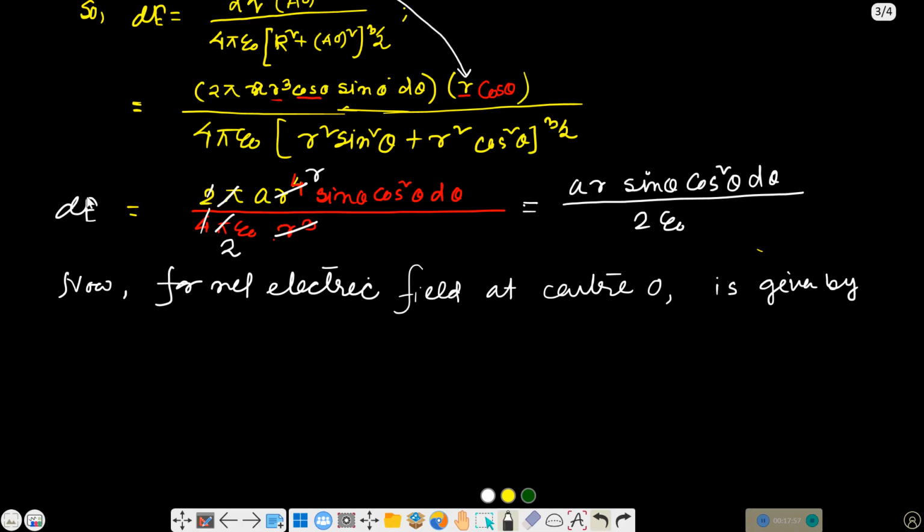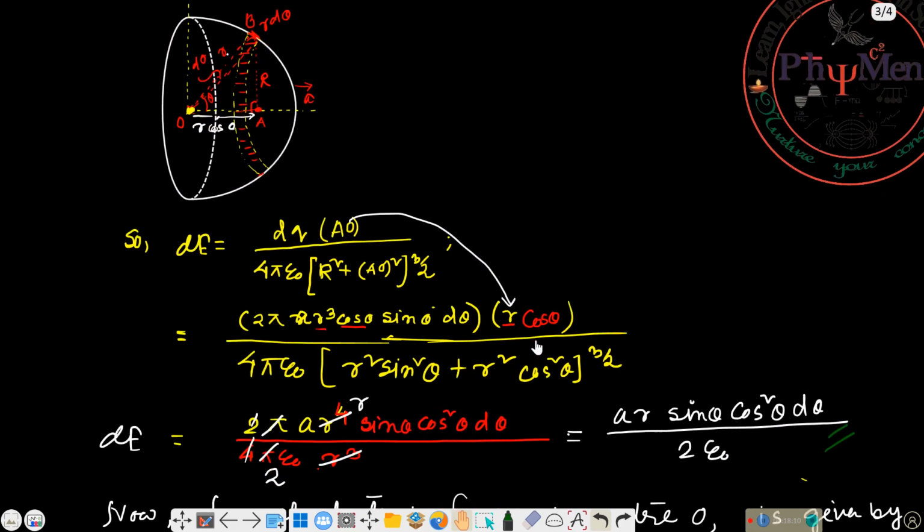This is the electric field only because of the elemental ring, and there are several rings like that. Here, if you see, there are several elemental rings here.